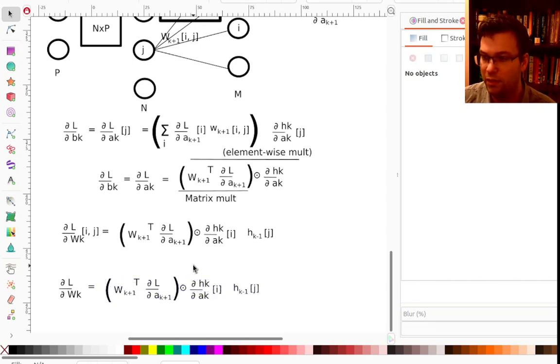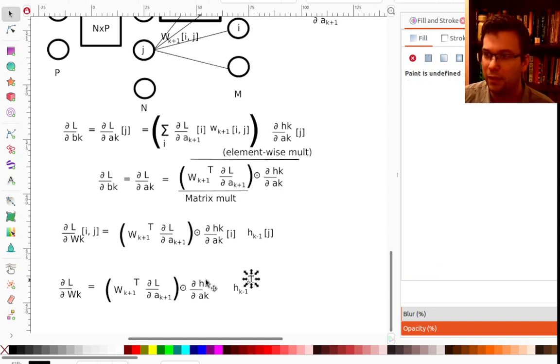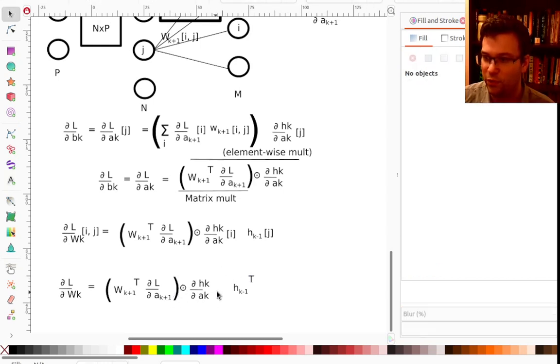What I can do is take this column vector, keep it on the left, but then multiply on the right by the transpose. So we're going to turn this column vector into a row vector. We're going to multiply by the transpose of h_{k-1}. So we're turning h_{k-1} into a row vector now. Let me get all my parentheses set up here so it's super clear, the order of operations, what that's supposed to be.